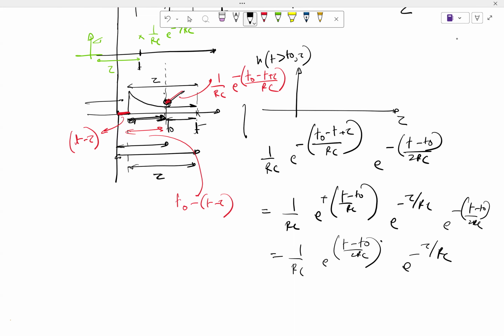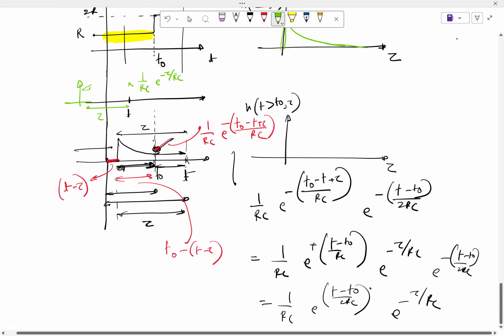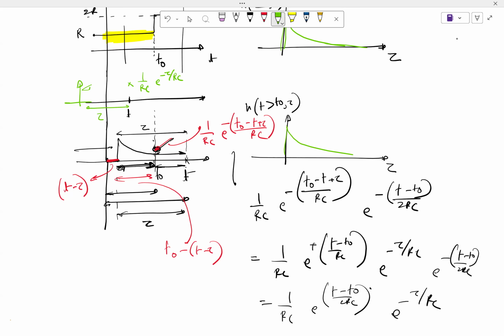So this is the condition. This is again an exponential decay, but it decays from a different value, and that value is a function of t. And you see that now the effect of time variance is coming into the picture.